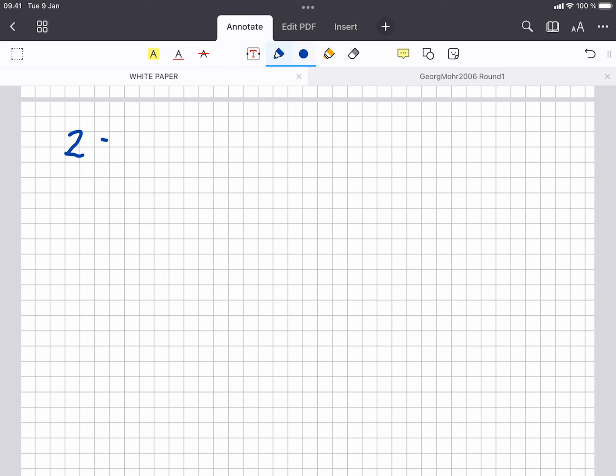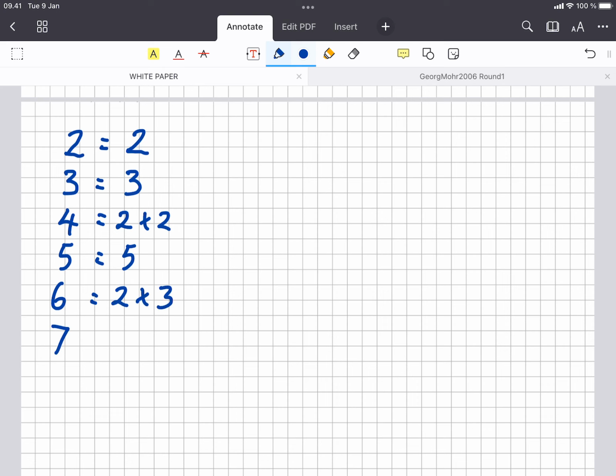So I'm going to think about how these break down into prime factors. So 2 is just 2. 3 is just 3. 4 is 2 times 2. 5 is just 5. 6 is 2 times 3. 7 is a prime number, and 8 is 2 times 2 times 2.